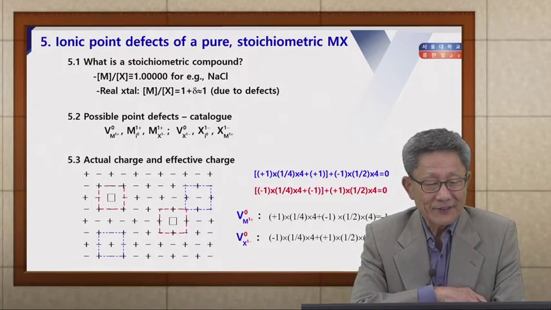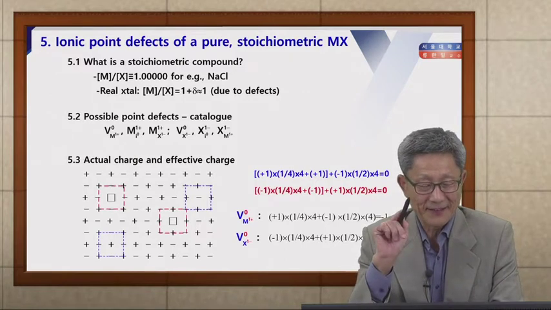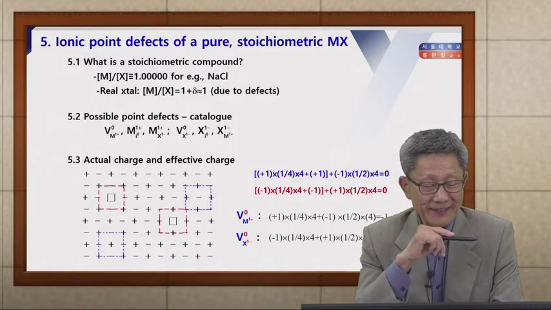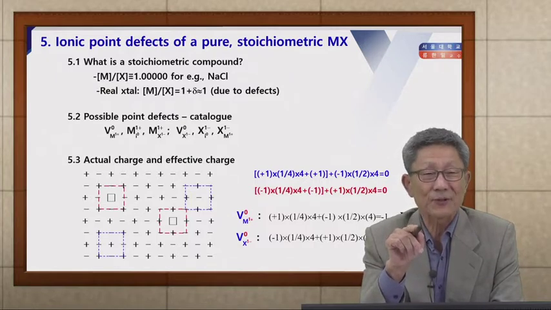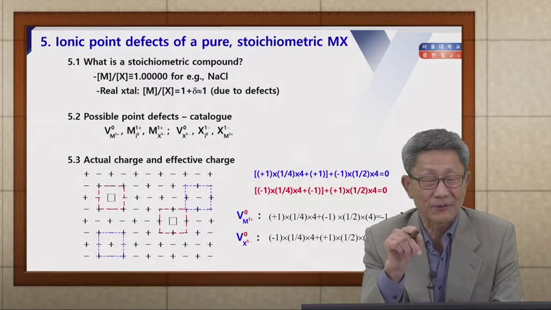Let's discuss the ionic point defects of pure stoichiometric compound MX first. First of all, let us ask, what is a stoichiometric compound? Probably you may have heard quite often stoichiometric compound or stoichiometric coefficient and so on.